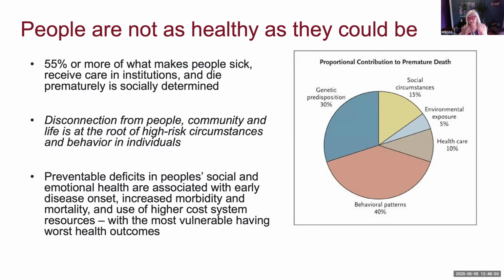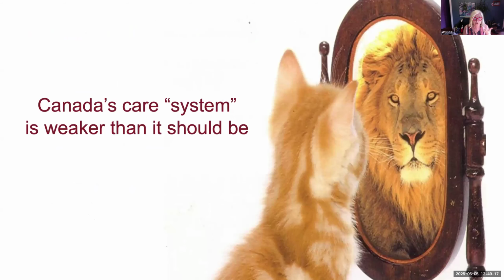It's not that access to health services or treatment isn't an important part of the equation, but there's also a number of areas that, if we could tap into, are preventable and would address people's social and emotional health and have those effects again on disease onset, disease burden, and premature mortality.